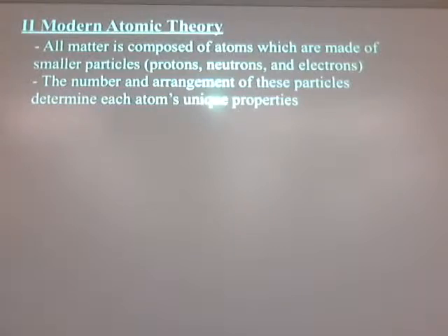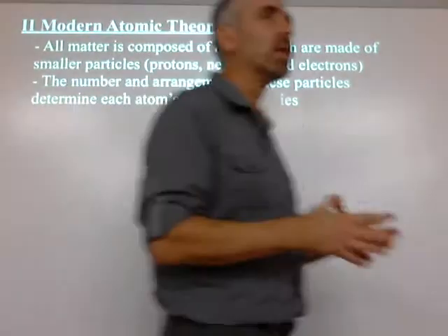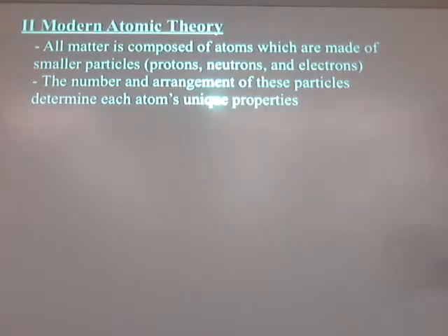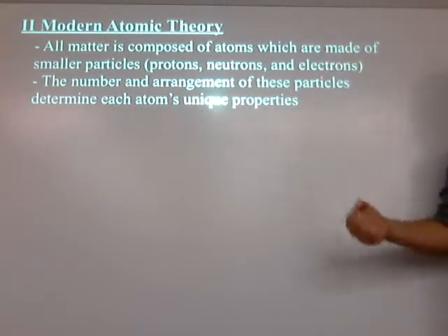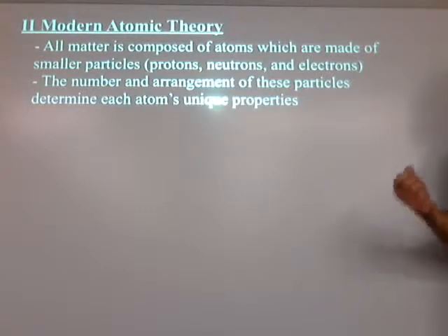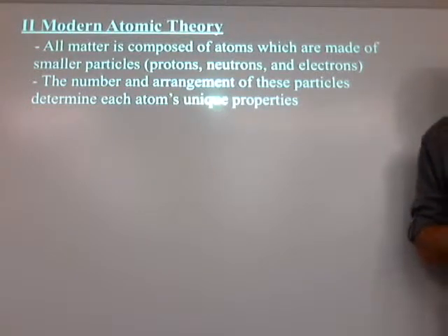They assumed and basically proposed that there was this indivisible particle, we'll call it an atom, but they figured each one was unique. You couldn't divide it anymore, but each one of those atoms is unique. In fact, they are unique, but they're made of stuff that's the same. All right? A carbon atom is made of protons, neutrons, and electrons. It's just the number of protons, neutrons, and electrons that gives that carbon atom its properties.